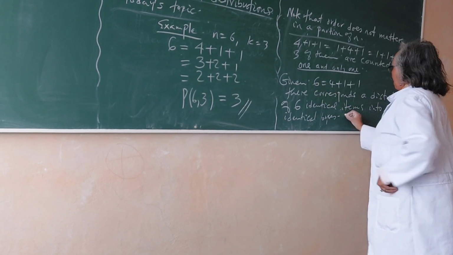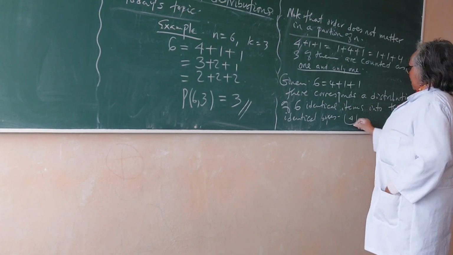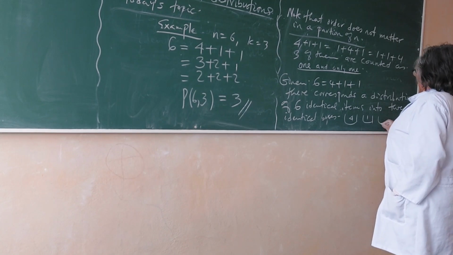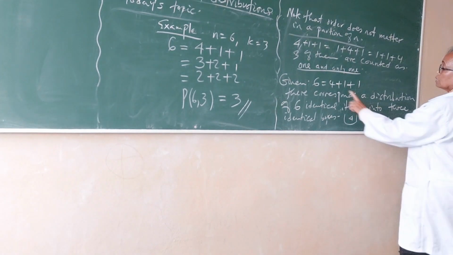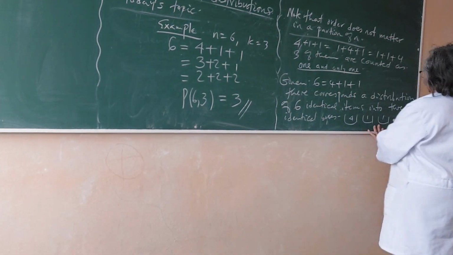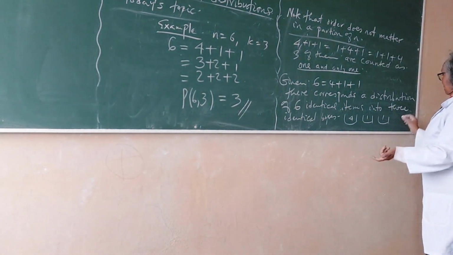I'm going to put 4 in here, 1 in there, and 1 in there. But obviously, since 0 is not a part, none of these boxes is empty.